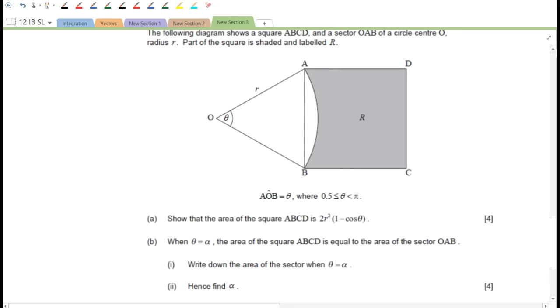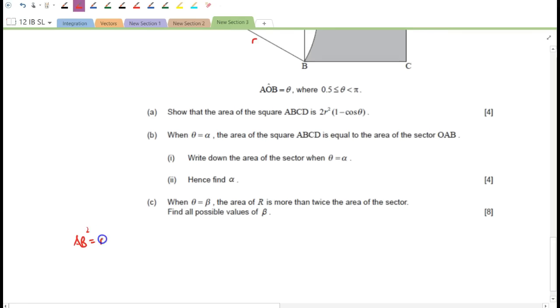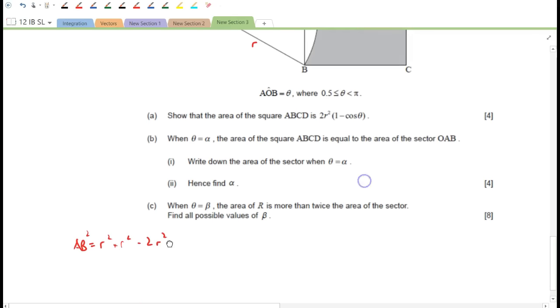So AB, now how do we get AB? Well, we've got R here, we've got theta here. So can we use, what's that? Cosine rule? C squared equals A squared plus B squared minus twice AB cos C. Right. So AB squared will equal R squared plus R squared minus 2R squared cos theta.